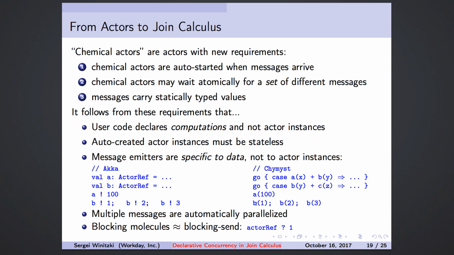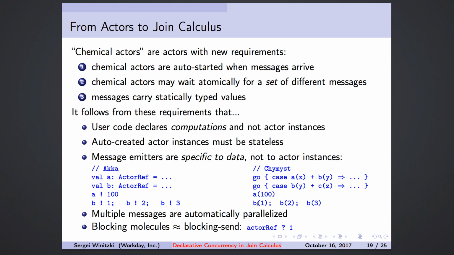The B is specific to the kind of data that I'm talking about. So I'm dealing with special labels on data that make data concurrent, rather than dealing with specific instances of processes that will compute with that data.